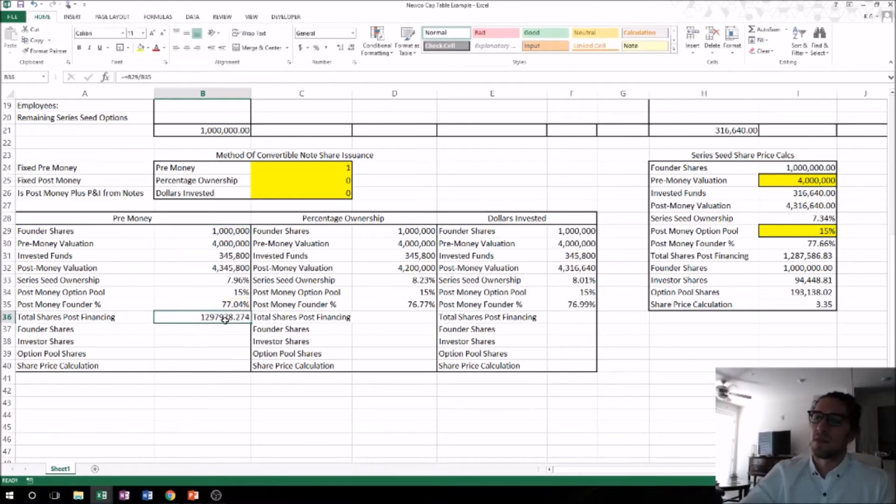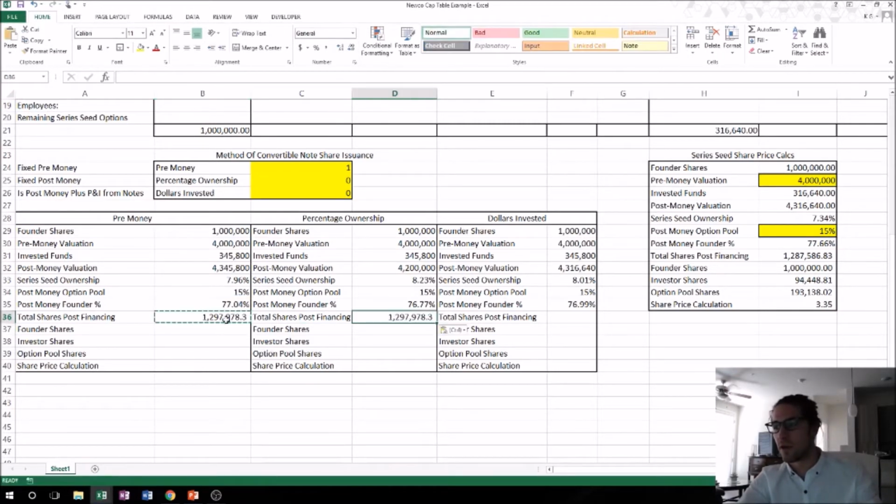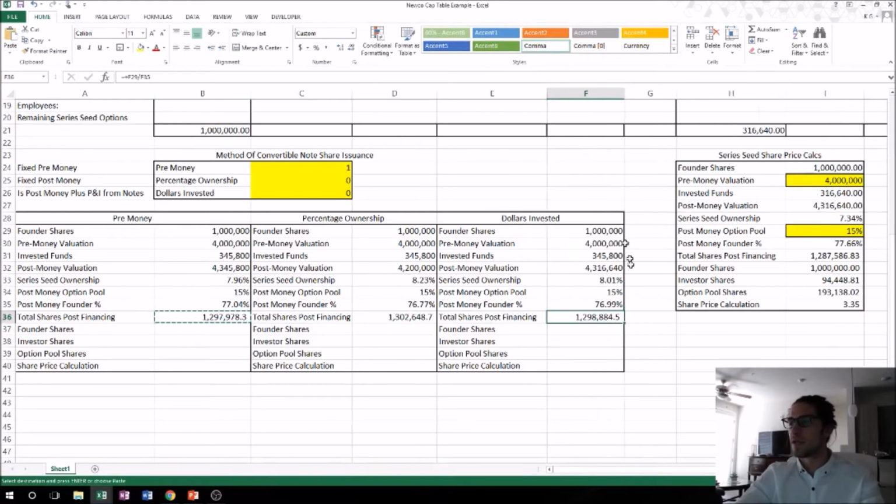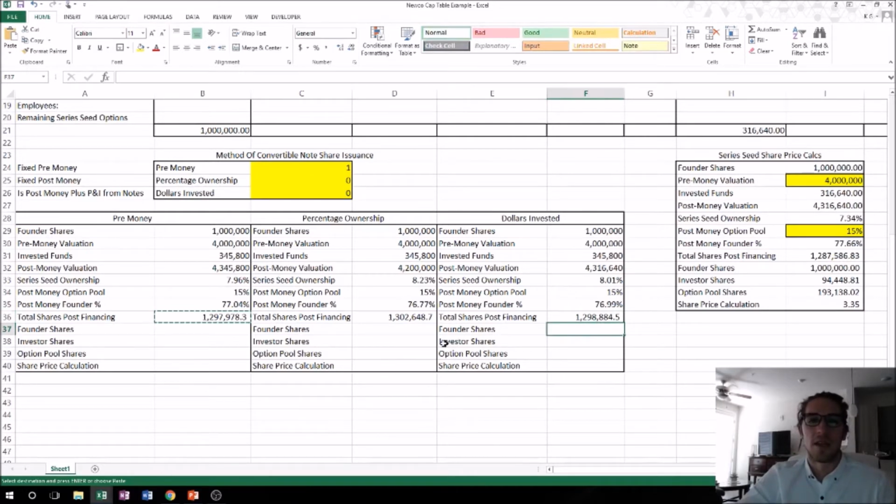So that would mean that after investment, the company now has this many shares outstanding, almost 1.3 million. So that's true for all of these as well. So as you notice, the only difference between these methods is how the post-money valuation is calculated.